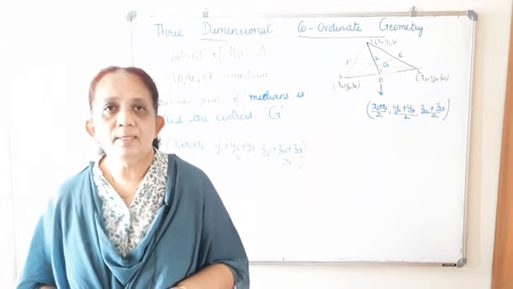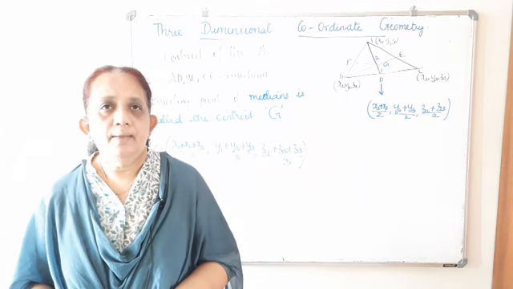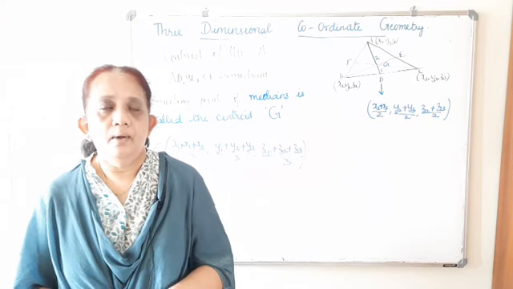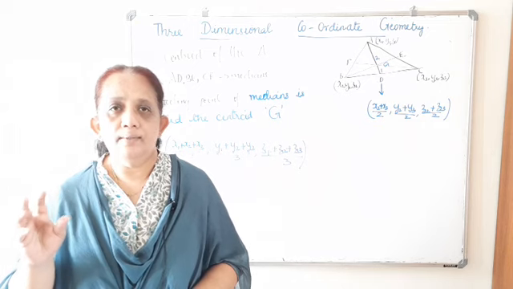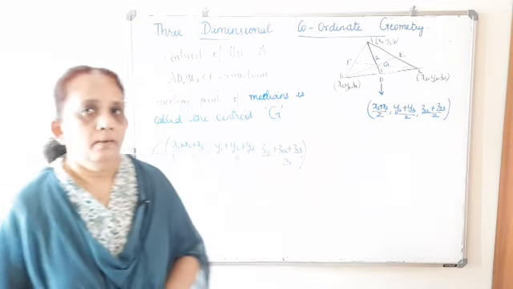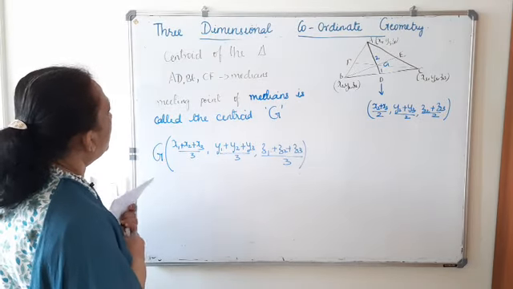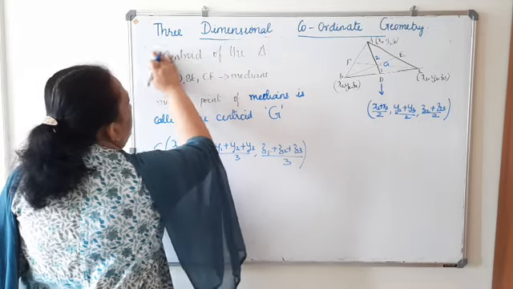I hope everything is clear to you regarding the octants, 8 octants, the sign of each point in the octants. It is very, very important. Is this not clear to you?